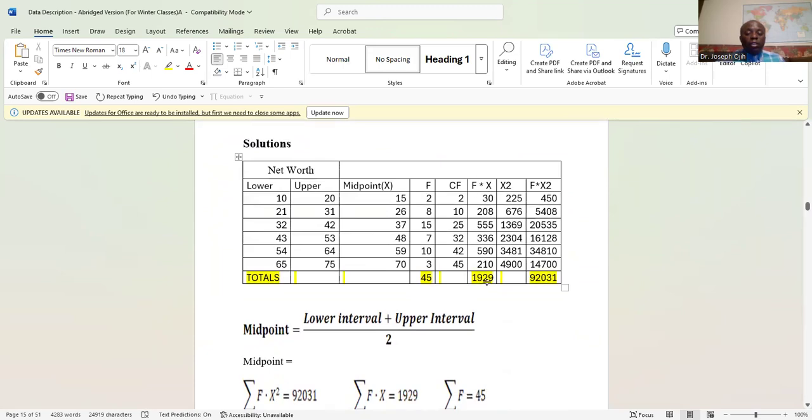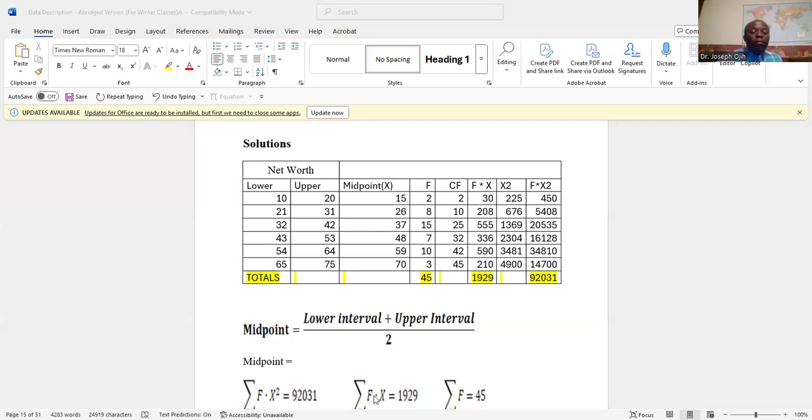The sum of F times X is 1929. And the sum of F is right here, 45. We can put them there to get our mean.